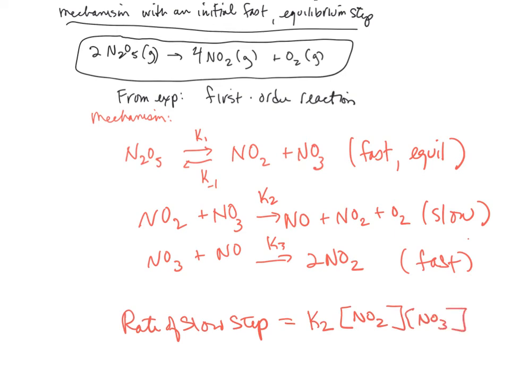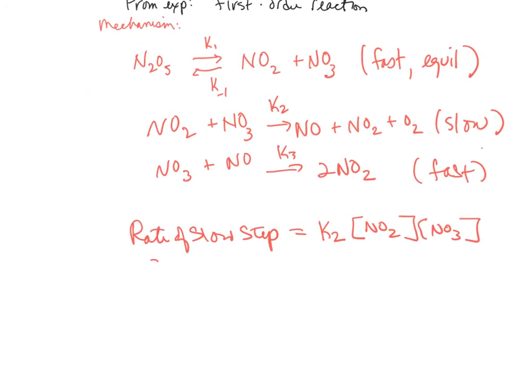All right, and we know from experiment that this is first order. So there's nothing wrong with our logic. We know the rate of the slow step is the rate of the reaction, but it's not in the right form.